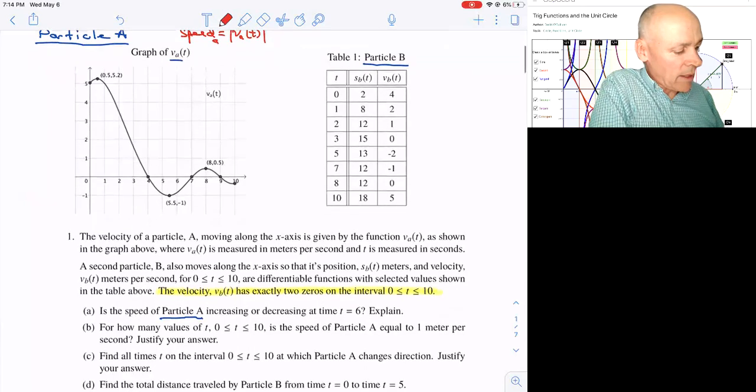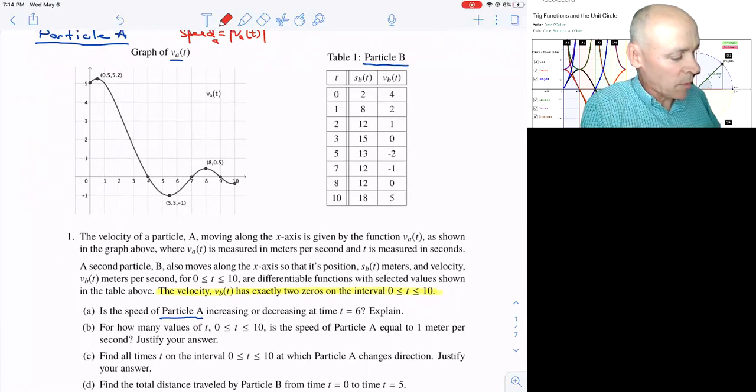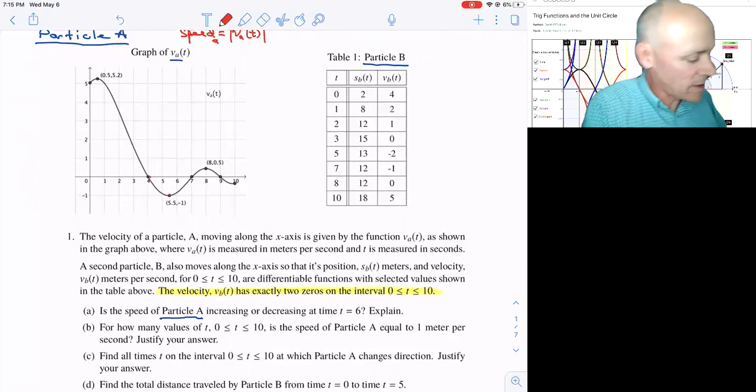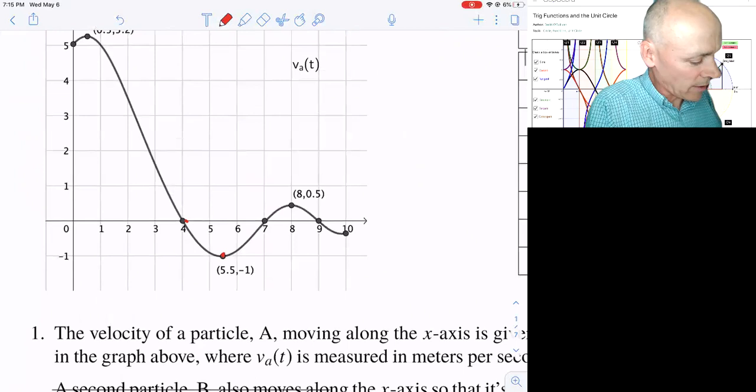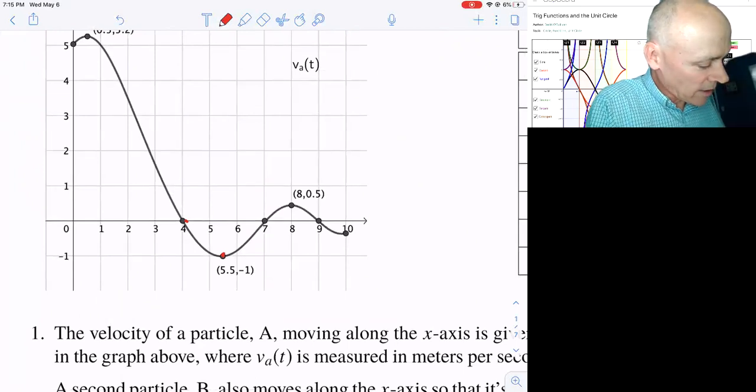To look at that on my velocity function, I can basically do a vertical reflection whenever my velocity dips below the x-axis, where it's negative. So I'm going to show this. Now I'm going to redraw the velocity function.